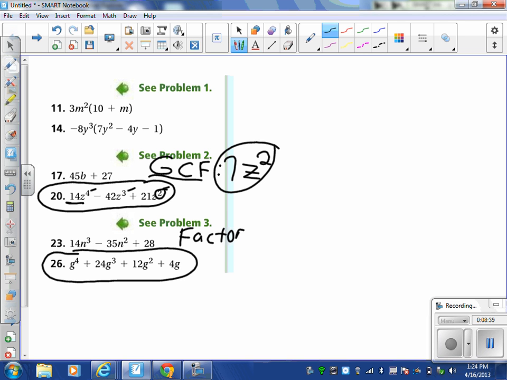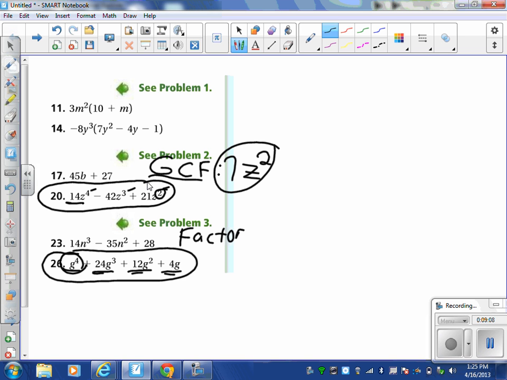So when I'm looking at that, if you look at each one of these numbers, each one has a G, right? Does each one have a number in it? Does this number right here have a number with it? No, it has a divisible 1, but that doesn't really count for a greatest common factor. All these other ones have a number. Just because this first one doesn't have a number, you're not going to have a number for the greatest common factor.